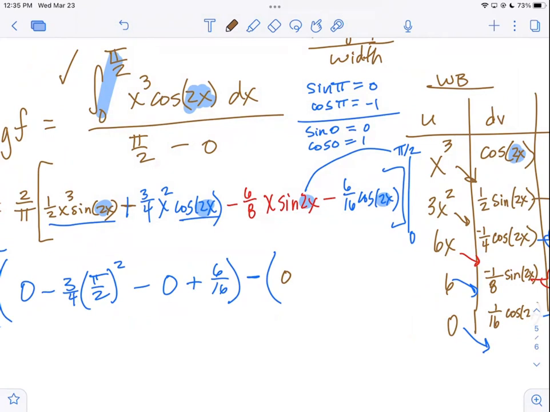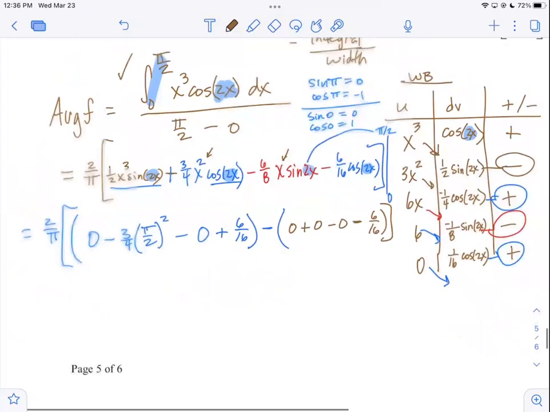Well, there's an x, so that's going to be plus 0, but it's made 0 by the power of x, not the trig function. And the next one also has a factor of x, so it's 0. And the last one, cosine of 0 is 1, so it becomes minus 6/16. Well, that was nice having an x factor in those first 3 terms. Now, of course, when we simplify, the 6/16 end up doubling.